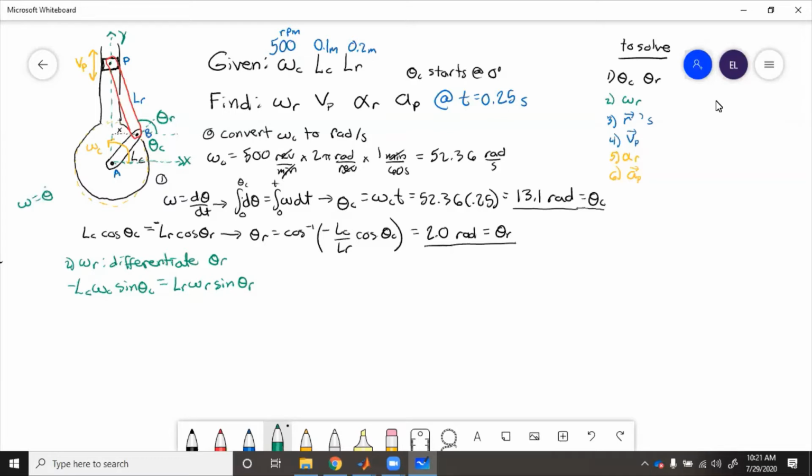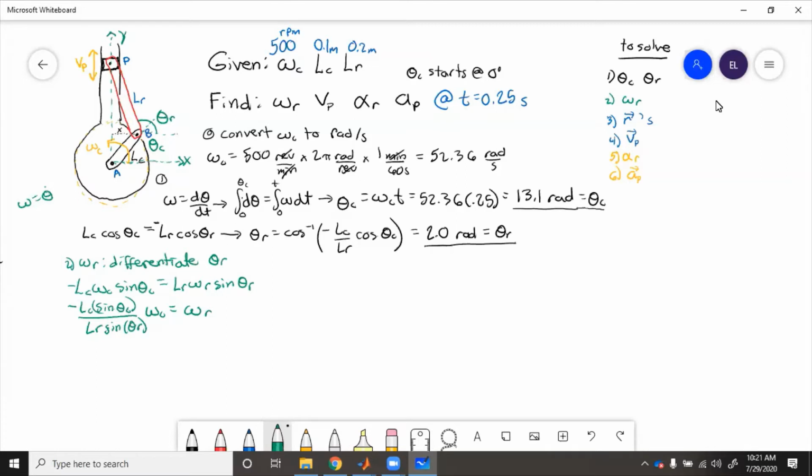So we can solve this around and get omega R. Negative LC sine theta C over LR sine theta R times omega C equals omega R. So this right here, this negative sign tells us that the rod and the crank are rotating in different directions, which kind of makes sense because as the crank rotates to the left, the rod is going to be straightening up, so it'll be going to the right.